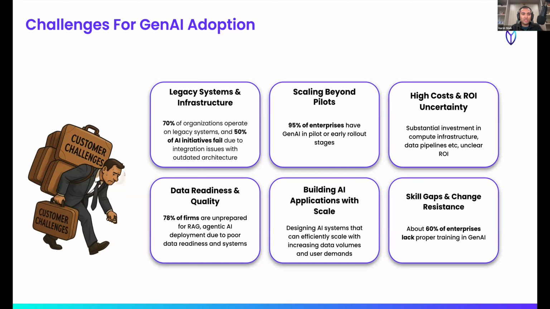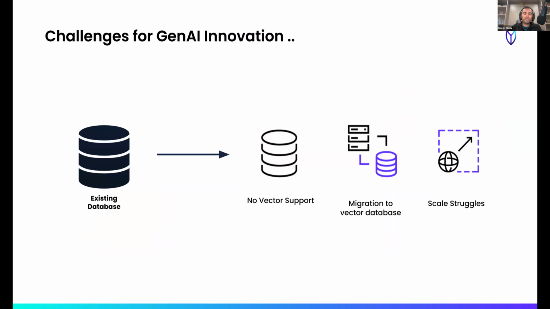These are just some of the challenges that you see overall from users and organizations as they're trying to adopt AI. Another part of that from the database perspective is that a lot of legacy databases don't support vector. If they do, they can't scale as easily.